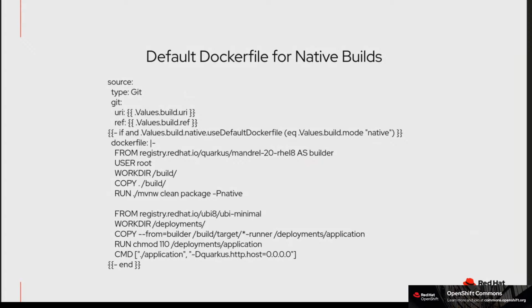I wanted to point out the default Dockerfile that it uses. So it actually gives you a multi-stage Dockerfile here. In the mandrel-20-rhel8 image is where it's building your native binary. And then in the second stage, it just copies it over to a UBI minimal image to give you as small of a runtime as possible.